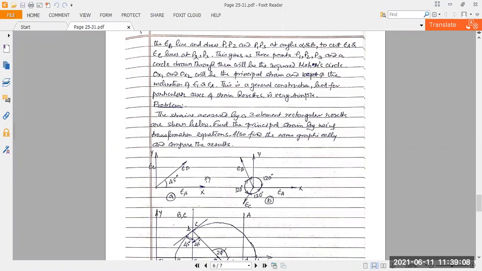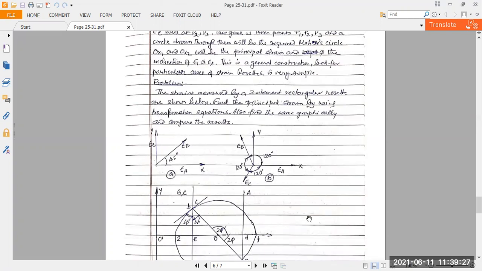Now, our job is to find the principal strain by using the transformation, then also perhaps do the same graphically and compare the results if there is any difference. So what we are doing here is: epsilon A is given as 700 into 10 to the power minus 6 per centimeter of elongation.